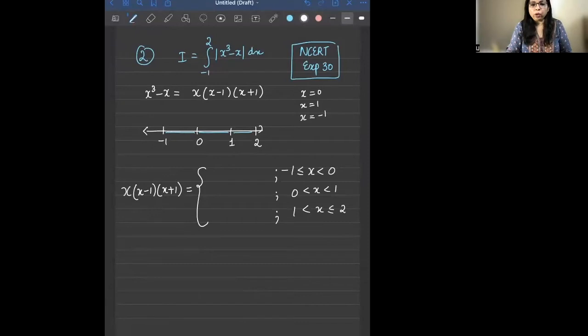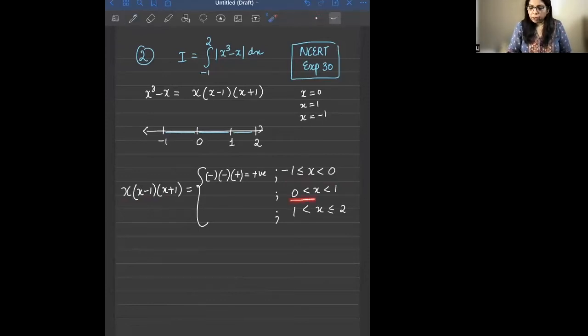In the minus 1 to 0 interval, we will take the value minus 0.5. This is negative. Minus 0.5 minus 1 is negative. Minus 0.5 plus 1 is positive. So negative, negative, positive. Overall answer is positive.